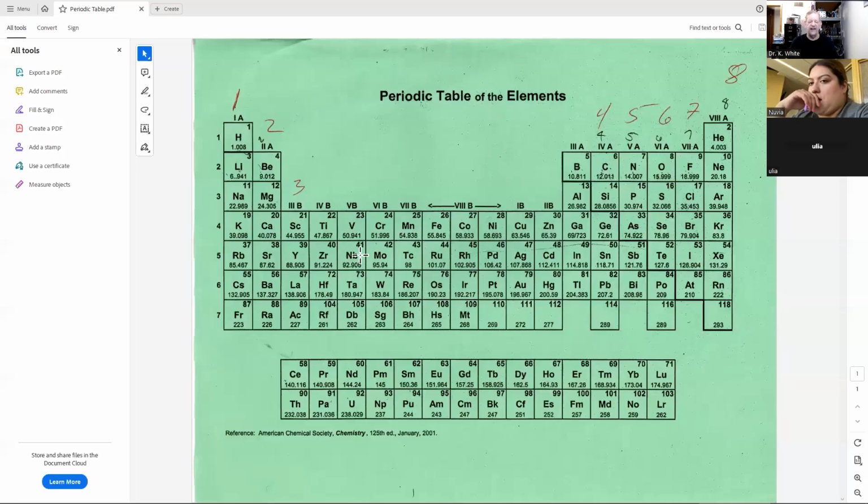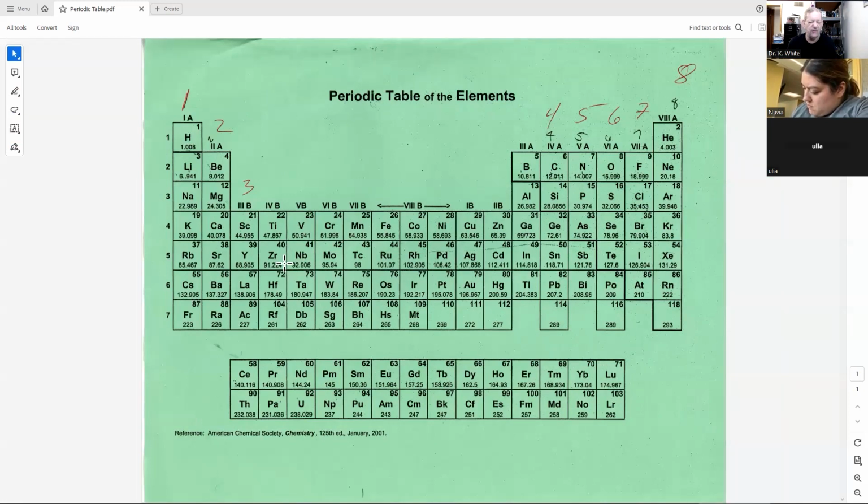So in order to get a relationship between moles of hydrogen and grams of hydrogen, I need the molecular weight of hydrogen gas, H2. That's the sum of all atomic weights. So I need the atomic weight of hydrogen, which you can find on your friendly neighborhood periodic table, the green one you see on the screen.